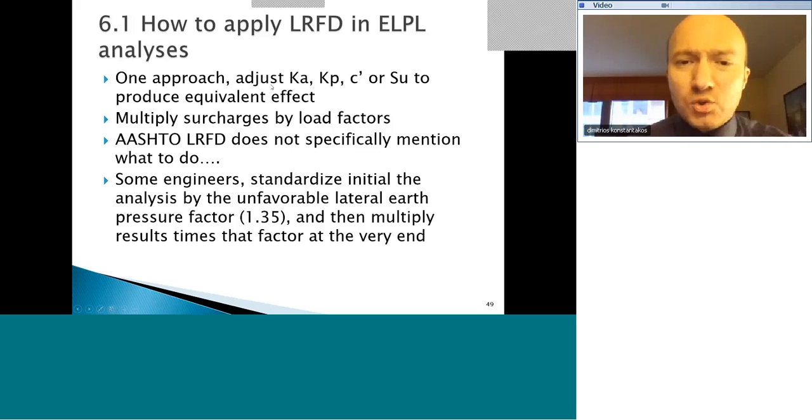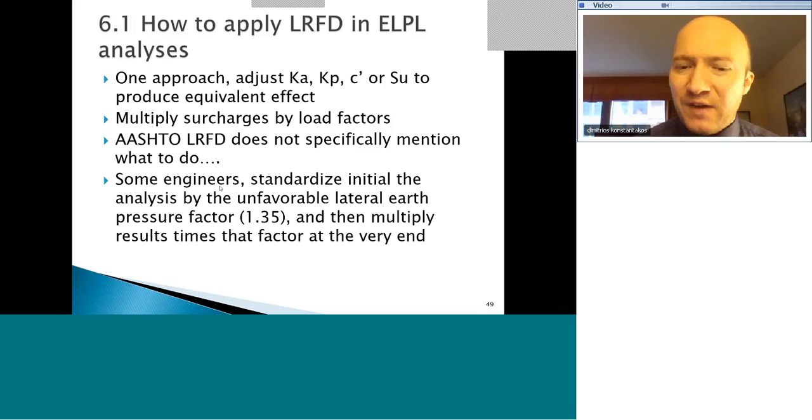So one approach is to adjust the KAs, KPs, effective cohesion, and undrained shear strength to produce the equivalent effect. You multiply the surcharge by the load factors. Now, AASHTO doesn't specifically mention what to do, but one idea, following Eurocode 7, is to standardize your initial analysis by the unfavorable lateral earth pressure factor, 1.35, when you have multiple supports, which is also the factor in Eurocode 7, design approach 1, combination 1.